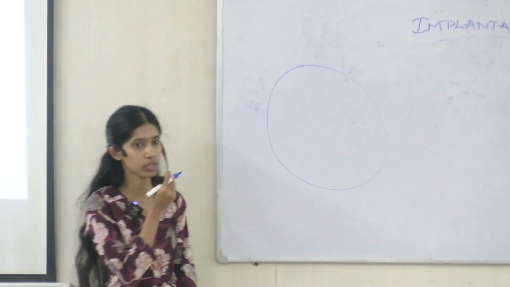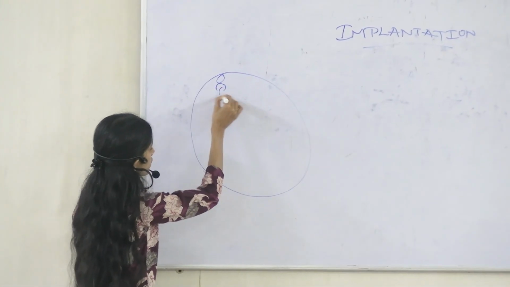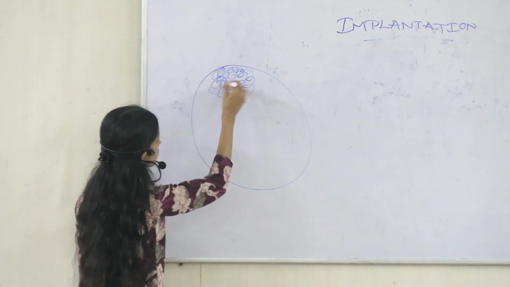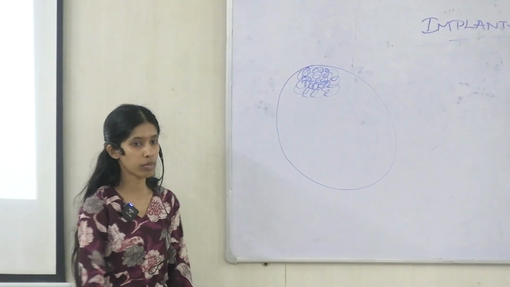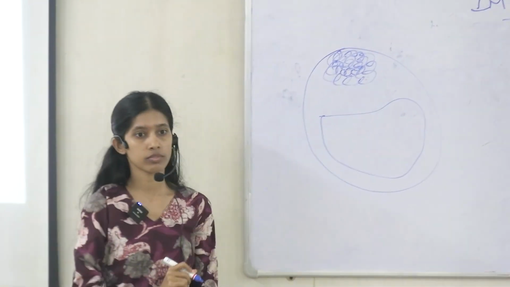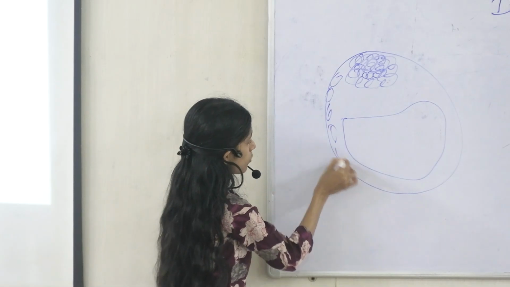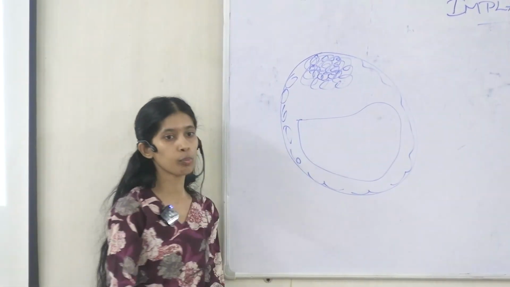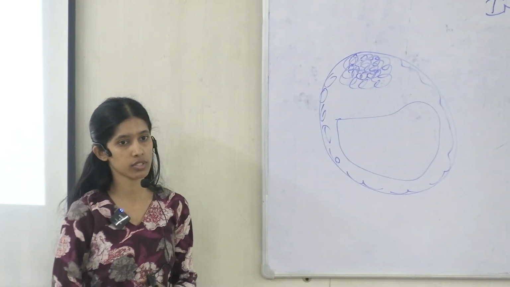Inner cell mass, then blastocoele, outer cell mass, like this. What is another name for outer cell mass? It is called Trophoblast, and inner cell mass is also known as Embryoblast.